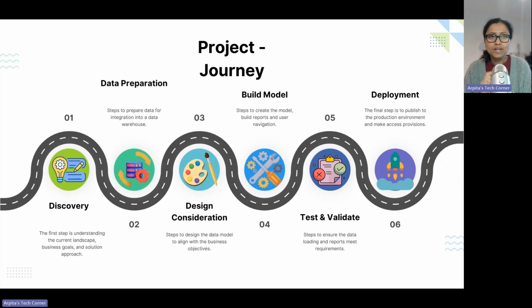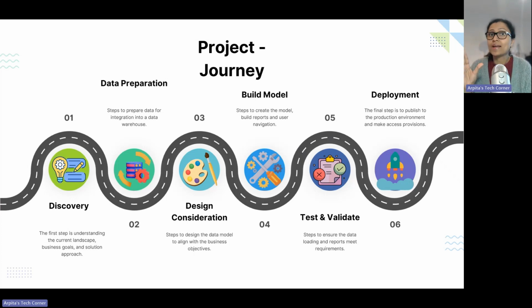The first is the discovery area, where you are understanding the current landscape, business goals, and all those things. Then you have the data preparation area, where you are getting the data from and processing the data. Then you have the design consideration, like the data model you have designed.